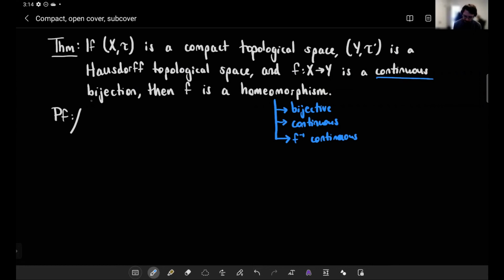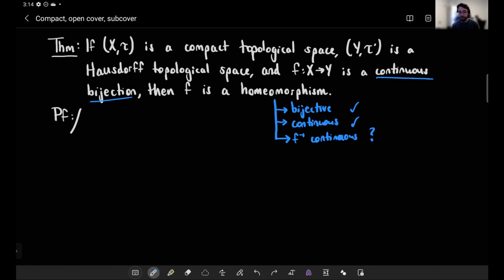We're told it's continuous and bijective. So the only thing remaining to check is, is the inverse of f continuous? And apparently all it takes is for your domain to be compact and your codomain to be Hausdorff. Then any function like this will have a continuous inverse. Weird. How do we show it?